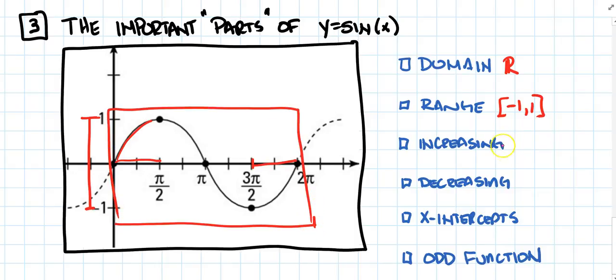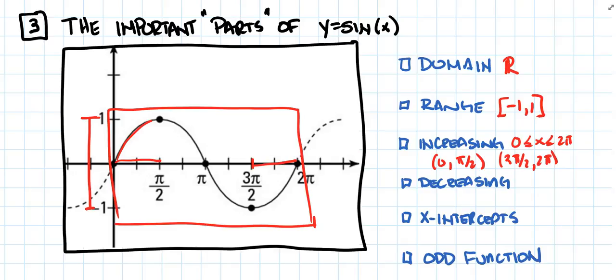So if 0 ≤ x ≤ 2π, on this interval it is increasing from 0 to π/2, and also increasing from 3π/2 to 2π. I'll use parentheses for that.